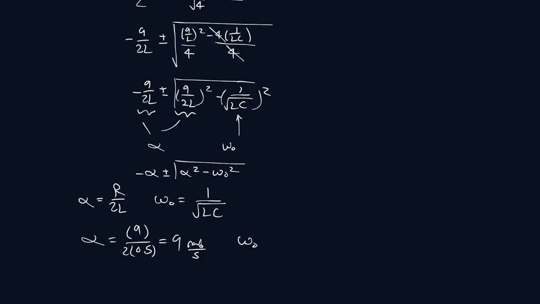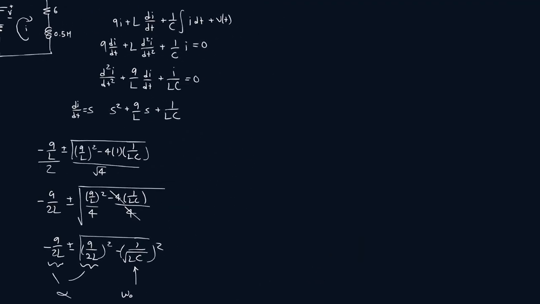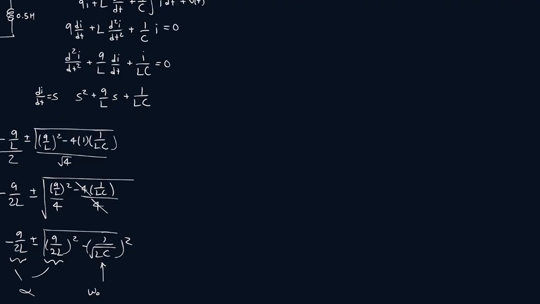And omega naught is 1 over the square root of 0.5 times 0.02, and that's 10 radians per second. Now we're gonna check the following. So if alpha is greater than omega naught, then it means we have an overdamping circuit.